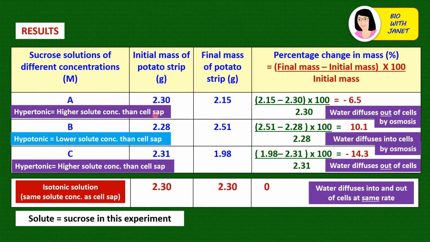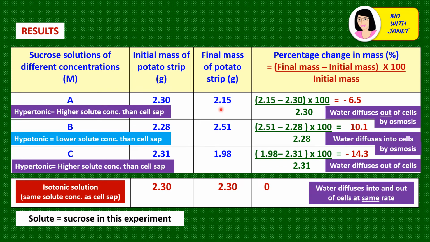This type of concentrated solution will draw water out from the cells by osmosis. So water diffuses out of the cells by osmosis into the hypertonic solution, and thus the potato strip loses water and loses some mass.